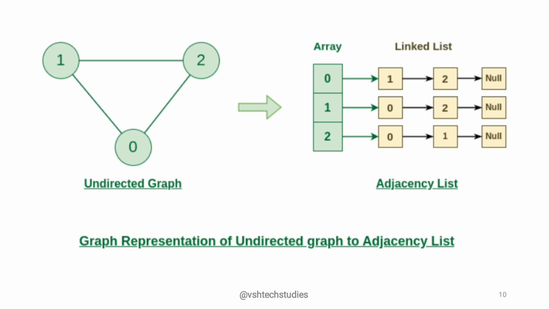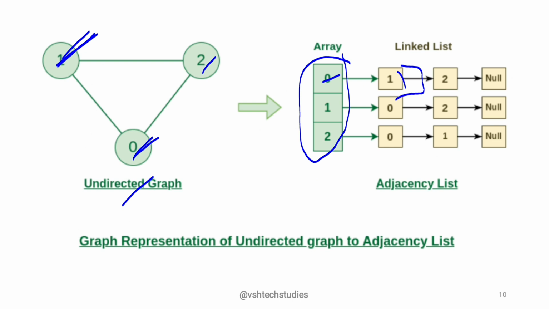Next we shall consider the undirected graph. Here 3 vertices are there. So in the array, 3 locations will be there. Here the address of node 1 is stored because it is adjacent to 0. Then another memory location will be there with node 1.